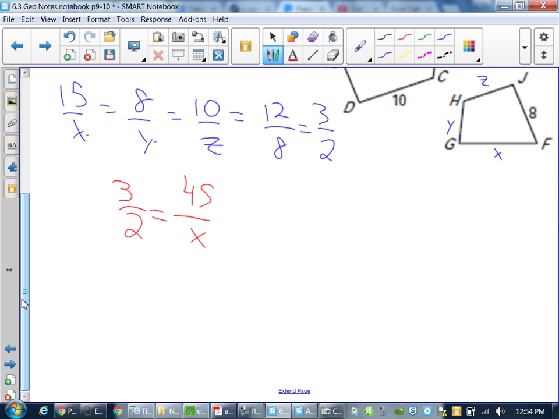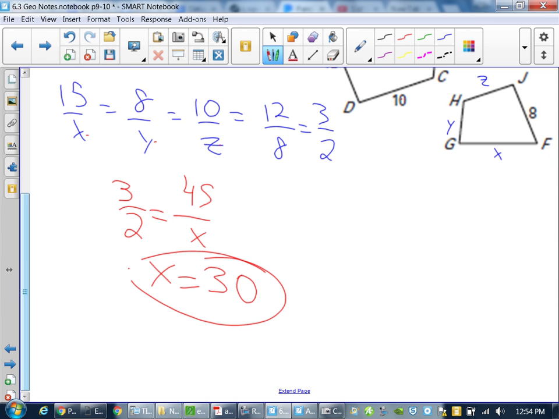Divided by 3, what do you get? 3. That's why it worked. That's why you can do that. You could go ahead and cross multiply it out and get each individual side if you want, or if they ask you to. But if you're just asking for perimeter, just set it up. Not too scary?